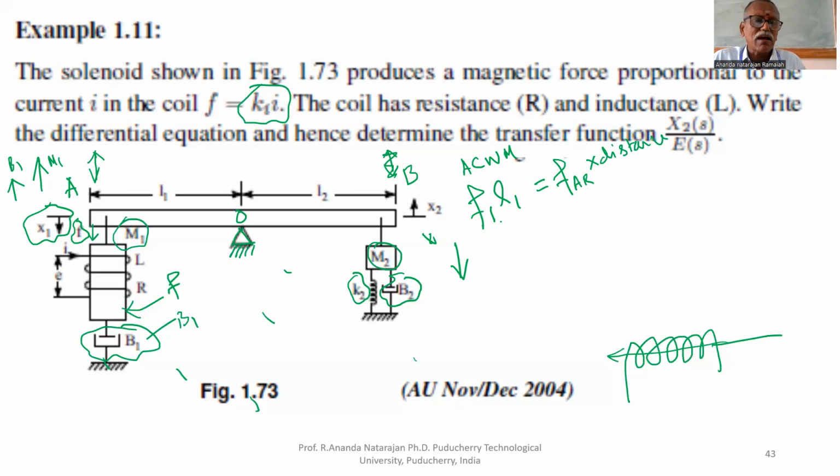Some reaction forces are created at a distance L1, and some reaction forces are created at a distance L2. Therefore, we can write reaction force 1 multiplied by L1 plus reaction force 2 multiplied by L2.